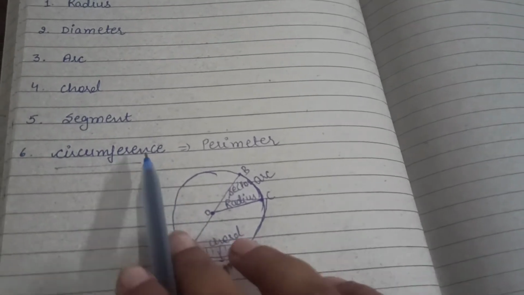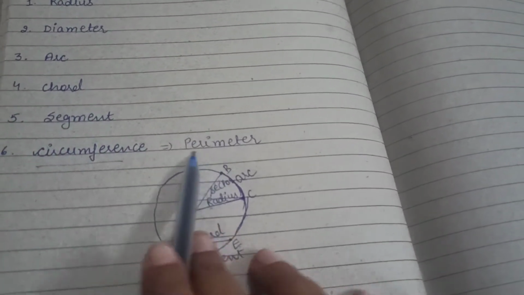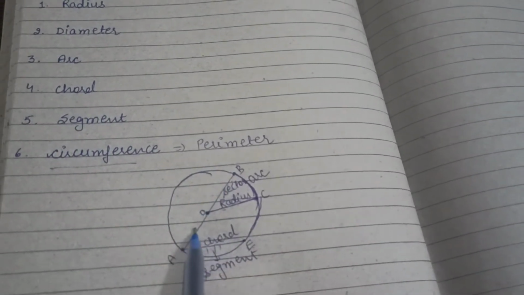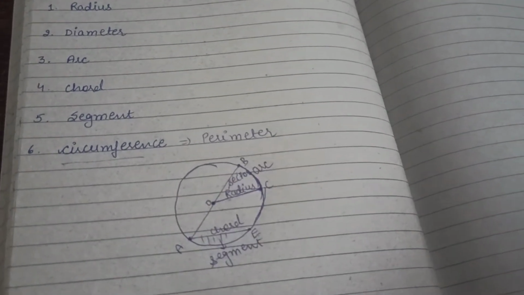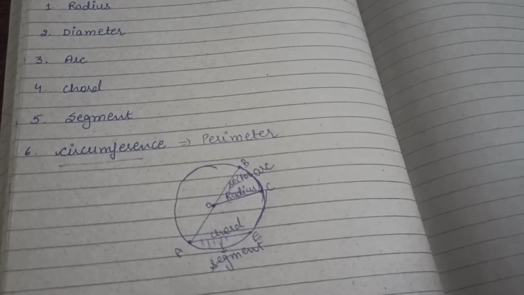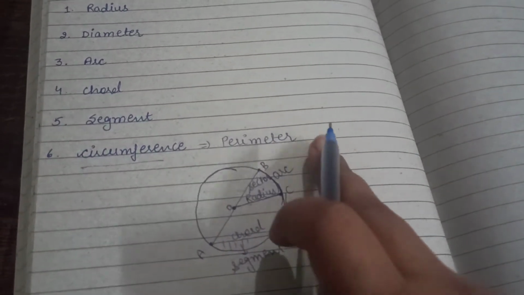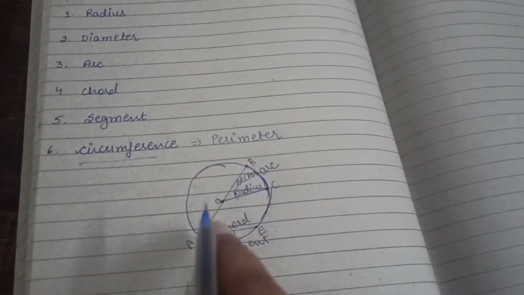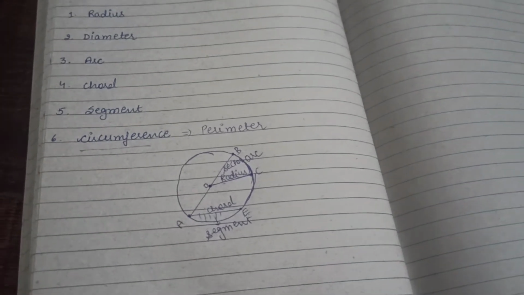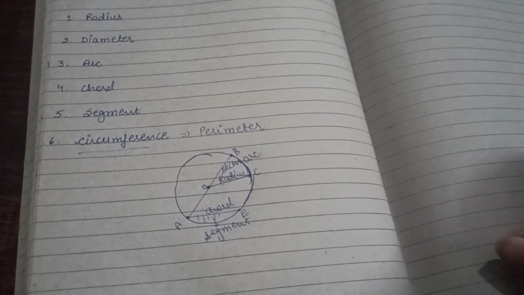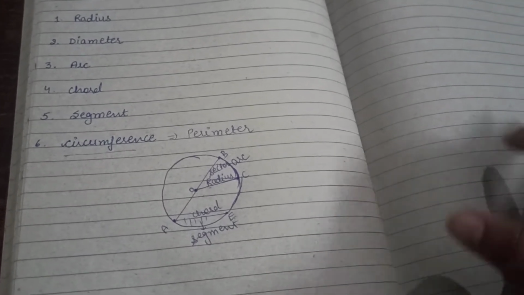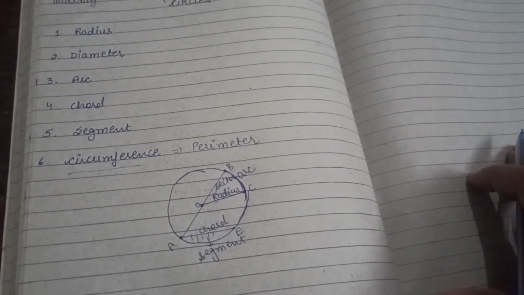What is circumference? Circumference is the length of the circle. As in 2D shapes like squares and rectangles, you call it perimeter, and in a circle we call it circumference. So I hope these points are clear to everyone. If anyone has a problem, you can comment and ask.